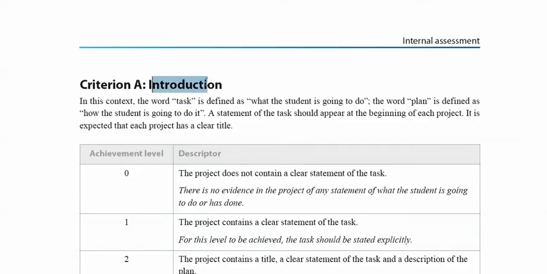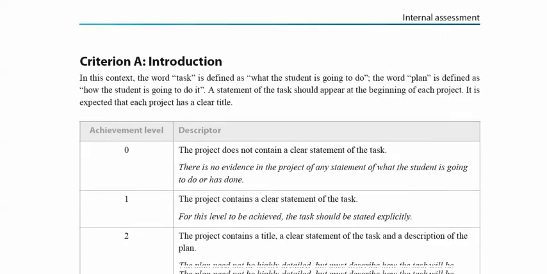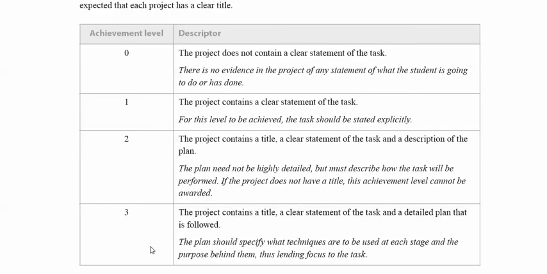Criteria A, your introduction. The maximum you can get here is 3 marks. If I just read it briefly to you, by the way, the PDF for this is at the bottom of the clip, so you can download that. The project does not contain a clear title or task: you get 0 marks.